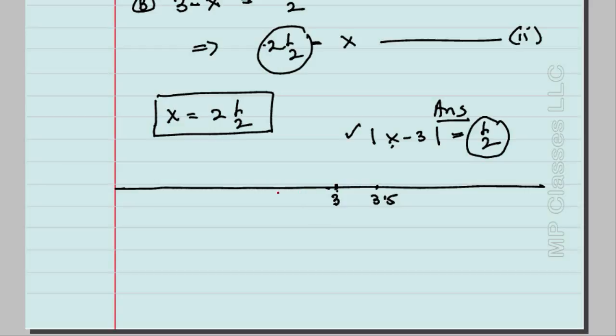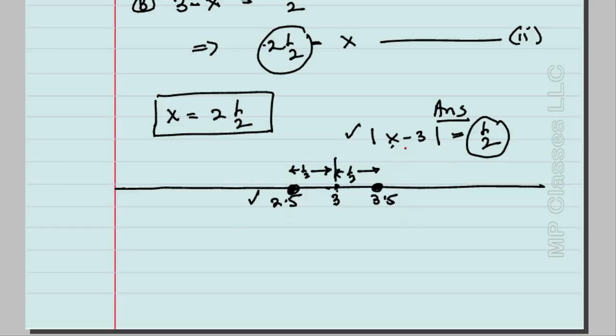If it is smaller, it will go on the left hand side and it will take value 2.5. Again, from where I'm getting this idea, because I need distance 1/2 on either side of 3. And because this is equality, this point is going to be included. This point is going to be included. So you could have found it this way also.